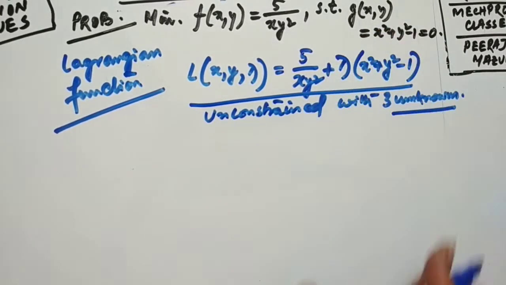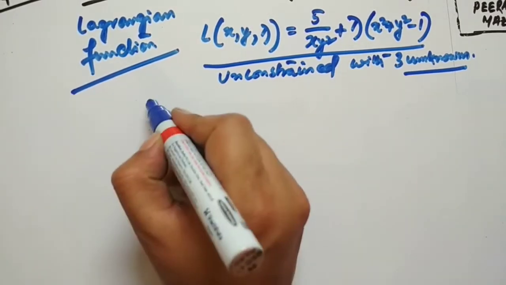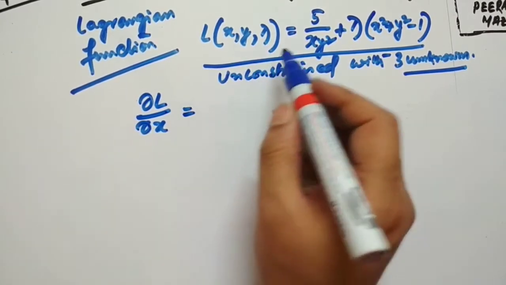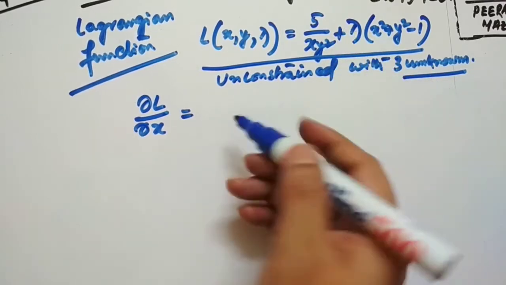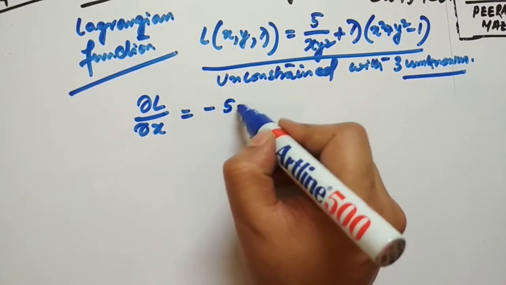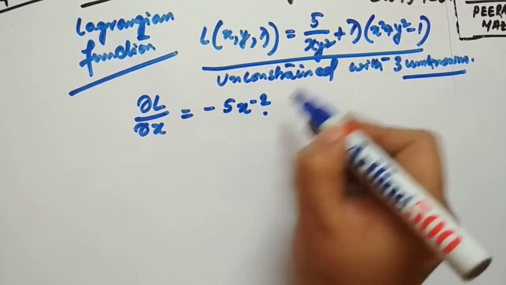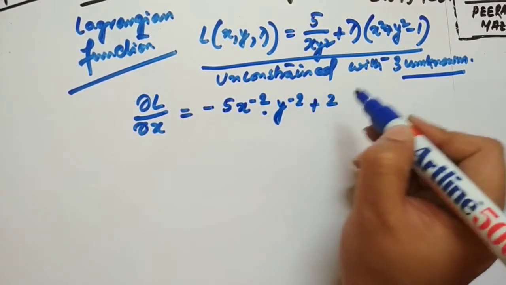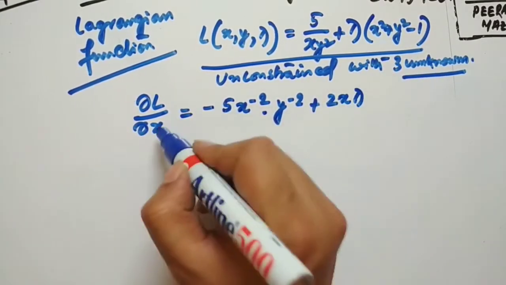Now we proceed to the second step. The second step is to find del L by del x. You can do the derivative at home, it is a very simple one. With respect to x, it will give you minus 5 by x square, which I can write as minus 5 x to the power minus 2, and the rest remains the same, plus 2x into lambda, and this should be equal to 0.